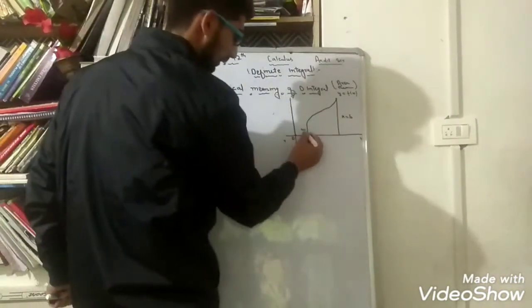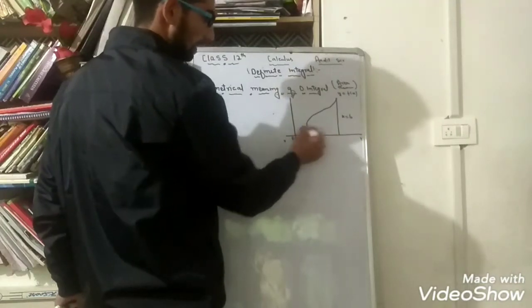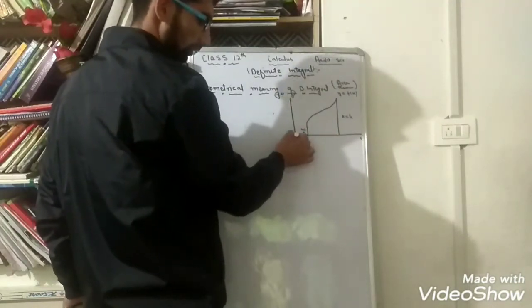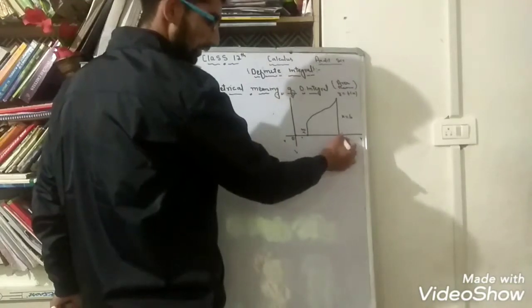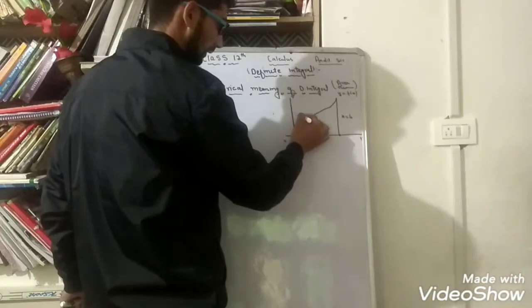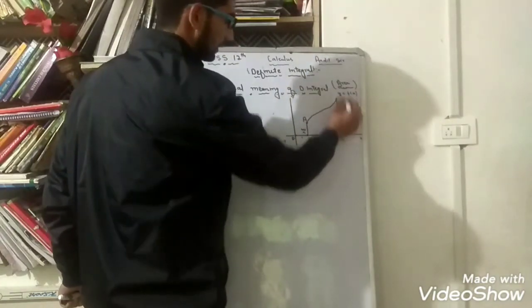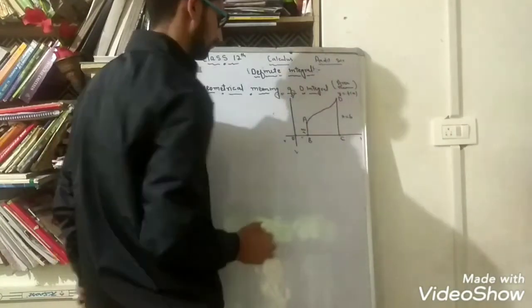So the distance from this origin to this point is a, and the distance from this origin to this point is b. So here I will take this a, this one I will take b, this one I will take c, and this one I will take d.